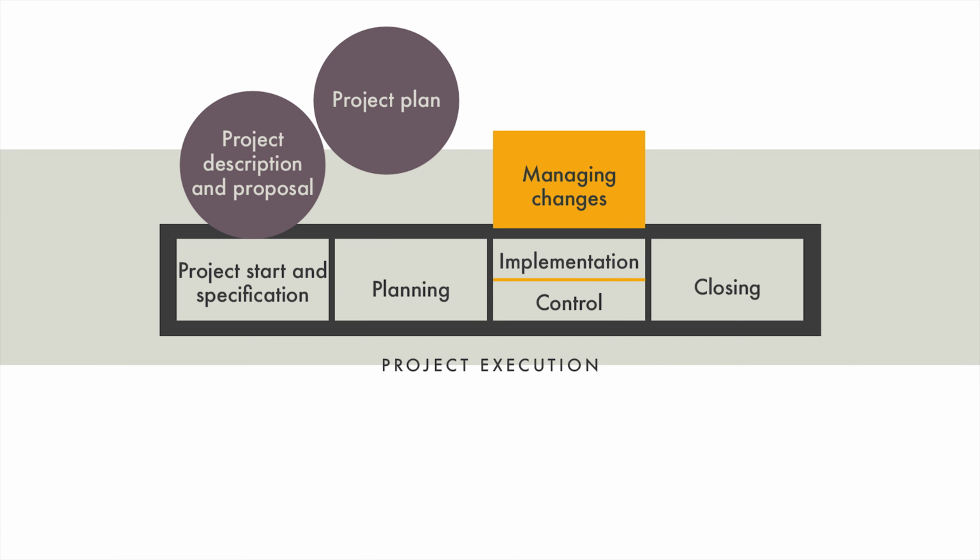It should be noted that the project plan is not a static document that is put away to the desk drawer as the project progresses to the implementation phase, but that the various changes that need to be made are systematically handled and documented, and the project plan updated accordingly. In a well-managed project, the project plan always describes the current state of the project.